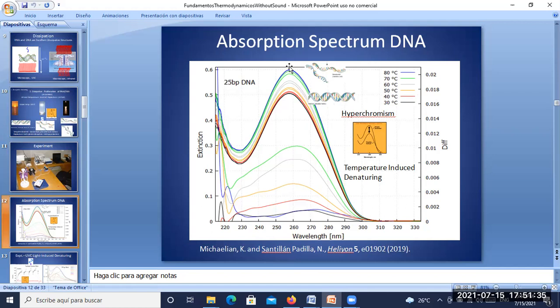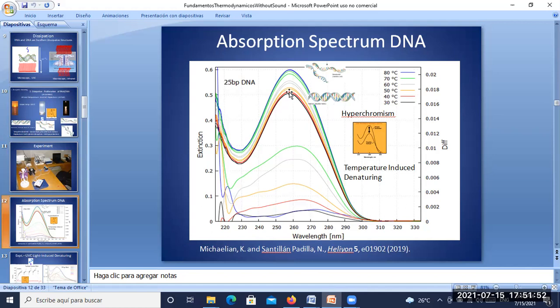And when we increase the temperature, we get the single strand. In between, we have partially denatured, where some is single strand and some double strand, or even different parts of the molecule can be single strand and different parts double strand.